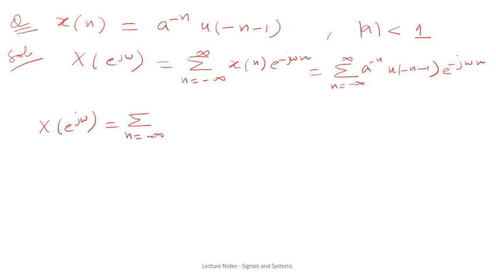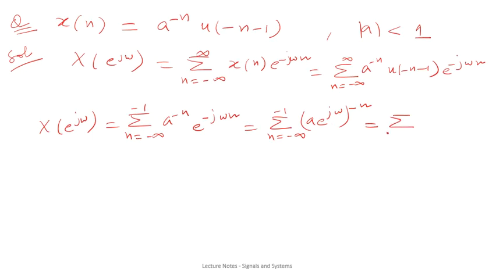So this will be, I'm sorry, this will be minus infinity to minus 1, a raised to the power minus n, e raised to the power minus j omega n, which is a e raised to the power j omega times n.